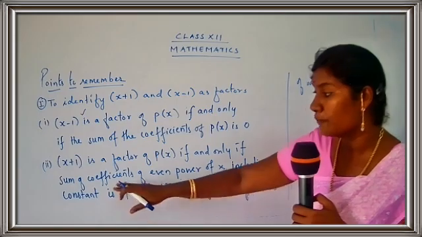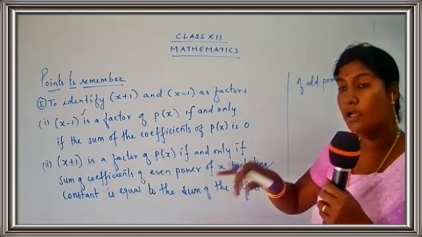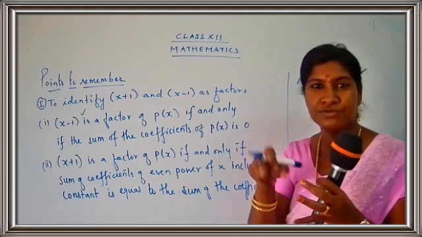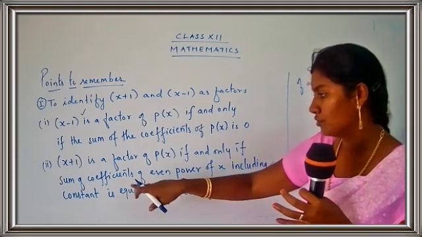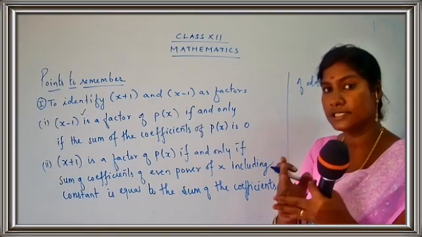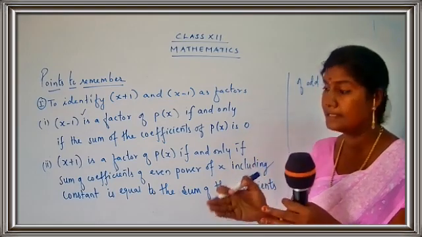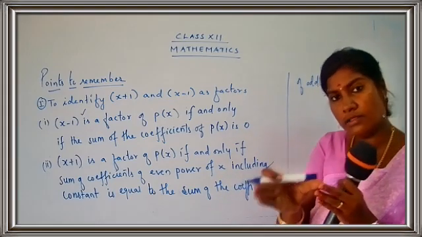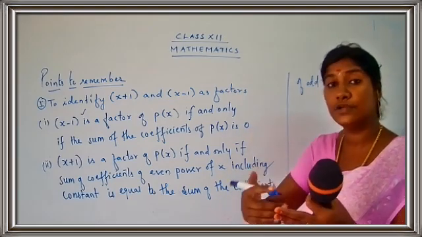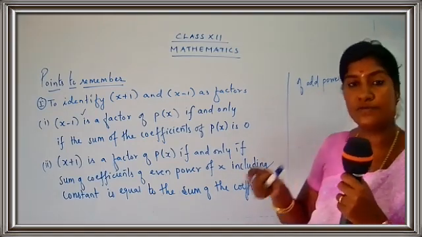And when you take the sum of coefficients of even power, you have to include the constant also, because 0 is also an even number. When you add all of them, if it is equal to the sum of coefficients of odd power, you say that x plus 1 is a factor.